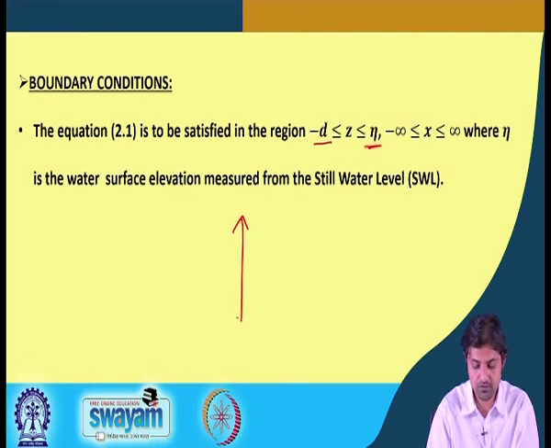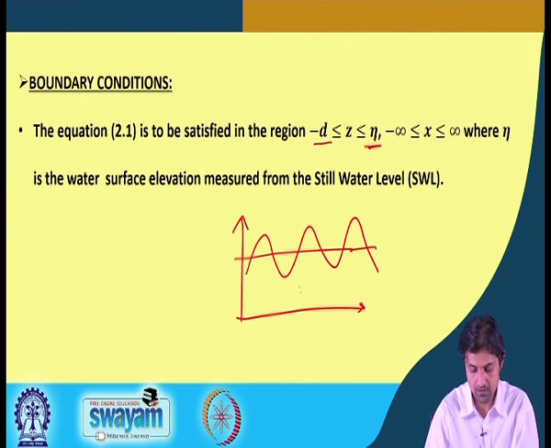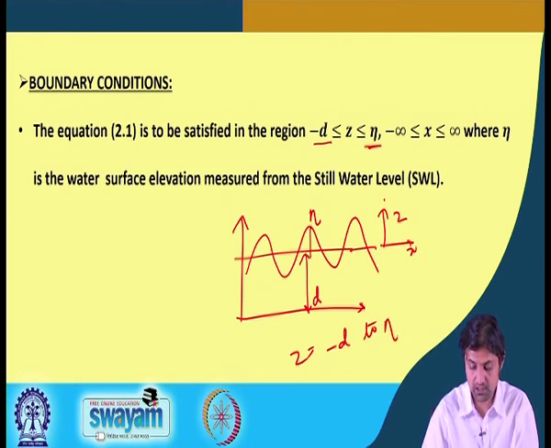So the origin is at the free surface, and z should be satisfied from minus d to eta.